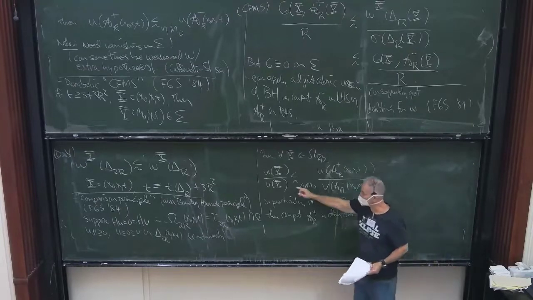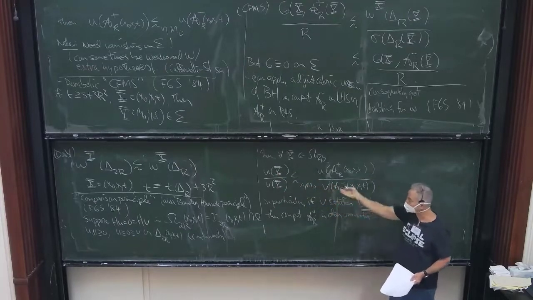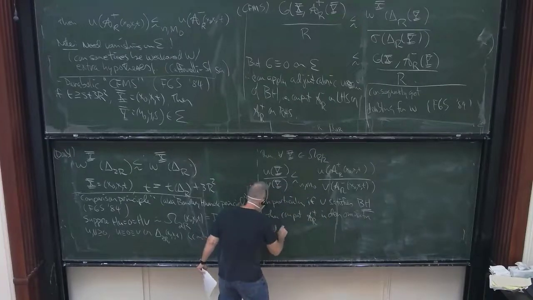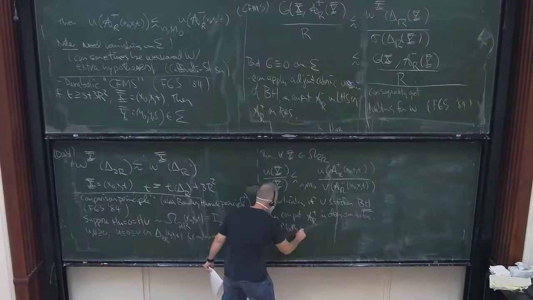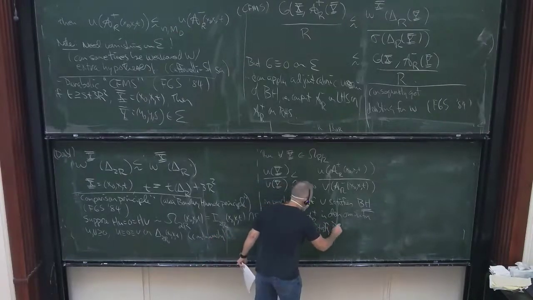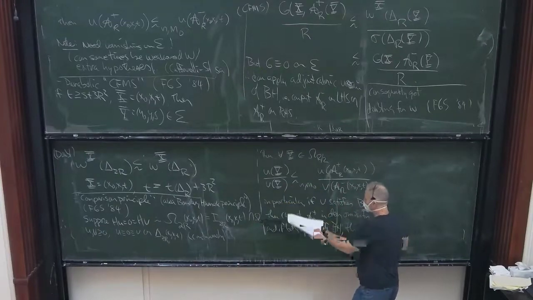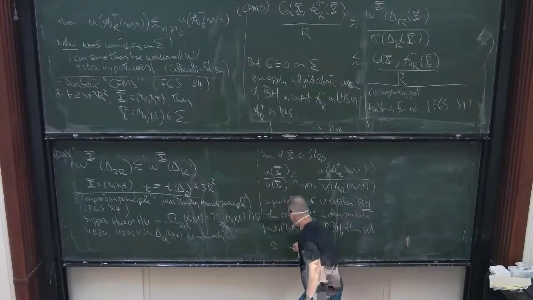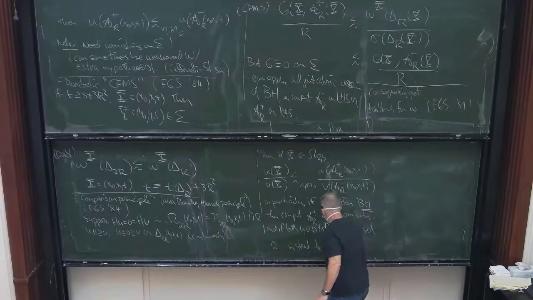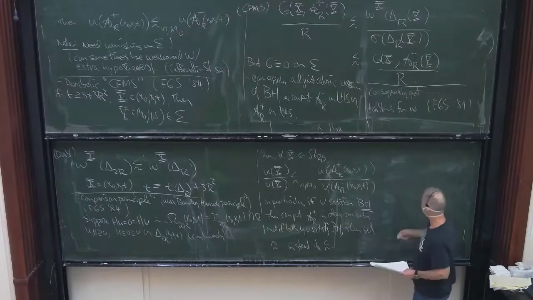So you get this same estimate flipped, which means that you actually have comparability. So if both u and v satisfy backward Harnack, then we get comparability here, equivalence, instead of less than or equal to.